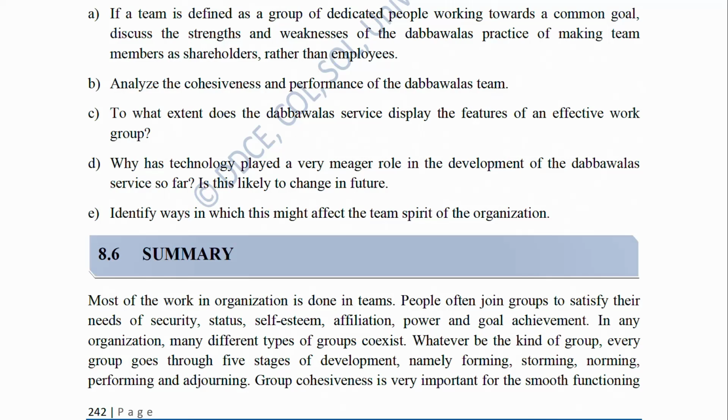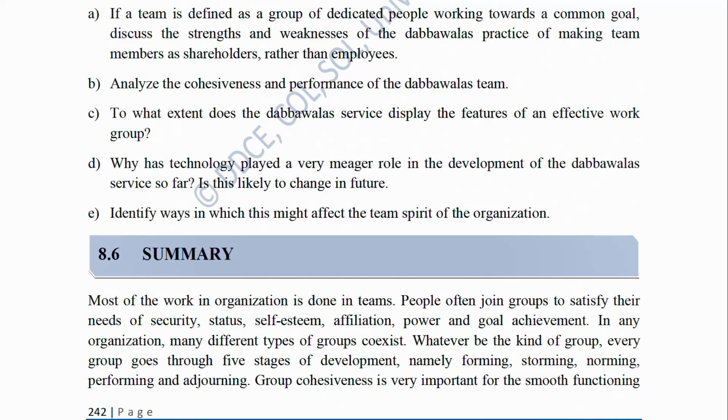8.6 Summary. Most of the work in organizations is done in teams. People often join groups to satisfy their needs of security, status, self-esteem, affiliation, power, and goal achievement. In any organization, many different types of groups coexist. Whatever the kind of group, every group goes through 5 stages of development, namely forming, storming, norming, performing, and adjourning.